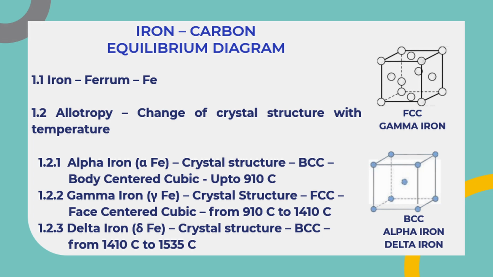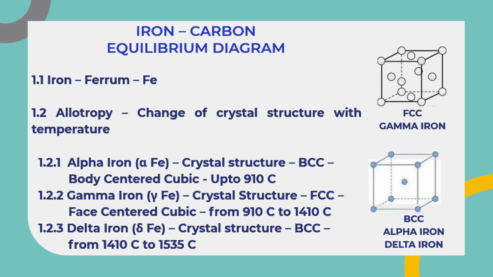This phase of iron is called delta iron. Hence, from 1410 degrees centigrade up to the melting point of iron, that is roughly 1535 degrees centigrade, it remains delta iron with a BCC structure. Alpha iron and delta iron have similar crystal structure, BCC.